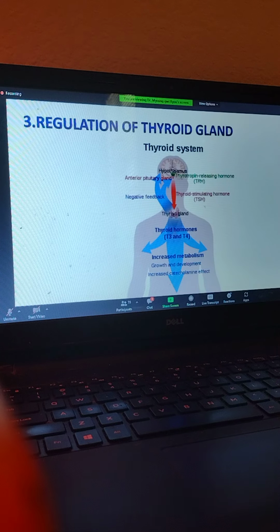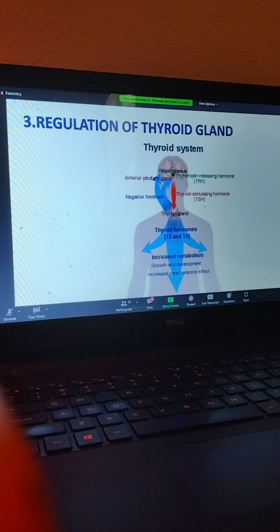Again, thyroid hormone is the key regulator of the metabolic rate in our body. And then it increases growth and development. So if a baby doesn't have enough thyroid hormones, growth and development can be problematic, right? And also it increases the catecholamine effect.